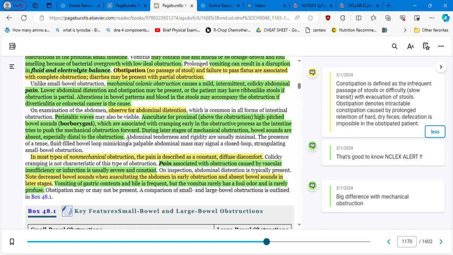So at the beginning, with mechanical obstruction, you are going to hear high-pitched borborygmi above the obstruction. Later, when the obstruction has been there for many hours, maybe a day or 2, you're going to have absent bowel sounds, okay? And this is going to cause a lot of problems. It's life-threatening, okay? That's why I became very obsessed with assessing for bowel sounds. You need to report this.